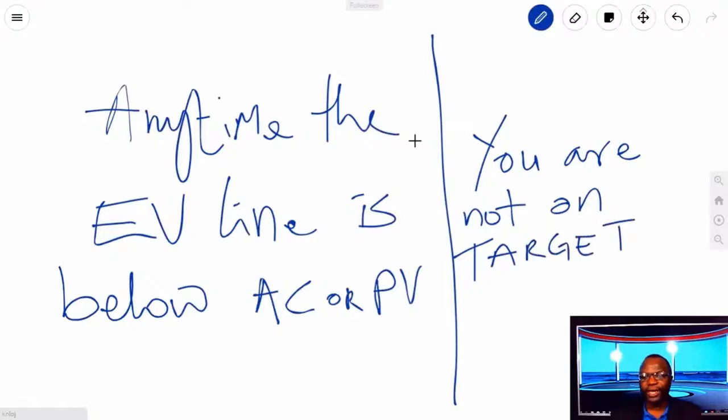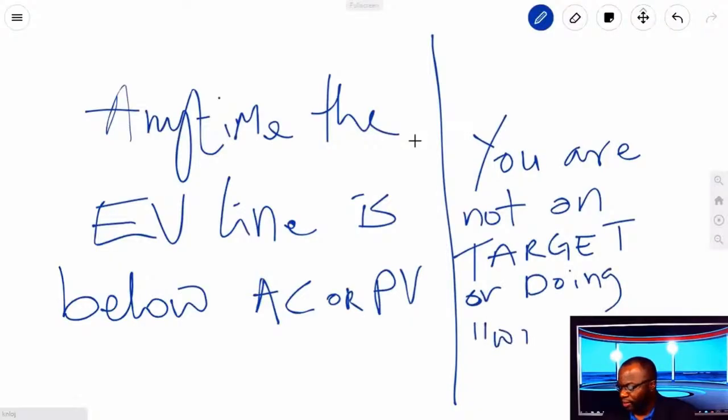Anytime the EV line is below the actual cost line or the planned value line, you are not on target, and you are not doing well. In other words, you are over budget or you are behind schedule.